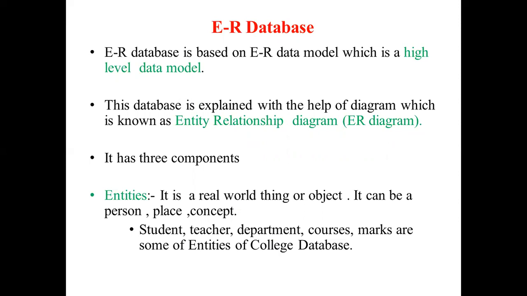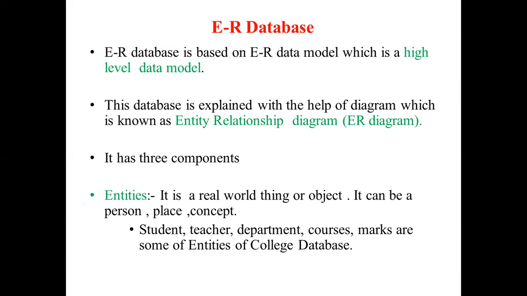As in the C programming language we use the flowchart, and within the flowchart we use different diagram shapes for representing different actions, in a similar way different kinds of entities are considered, and their shapes are used for the creation of the ER diagram. We will see this in detail in the next lecture, but that kind of diagrammatical representation is carried out in this database.